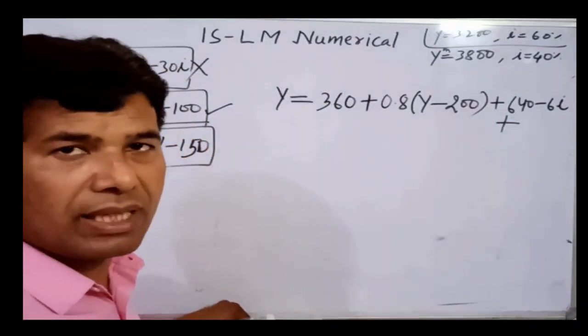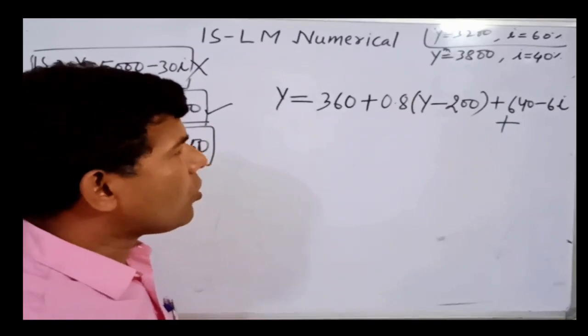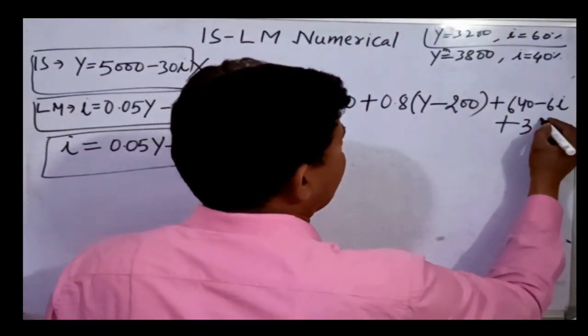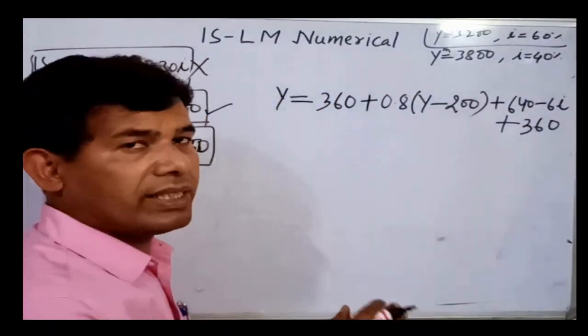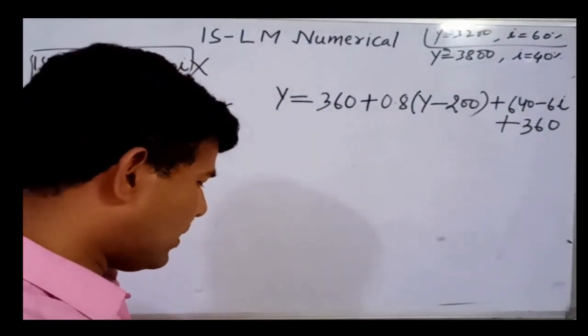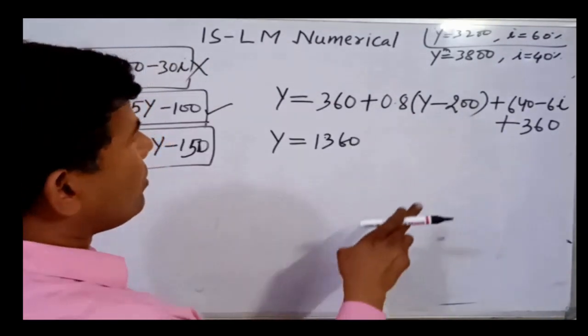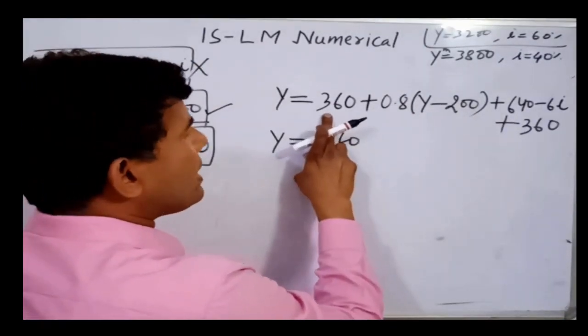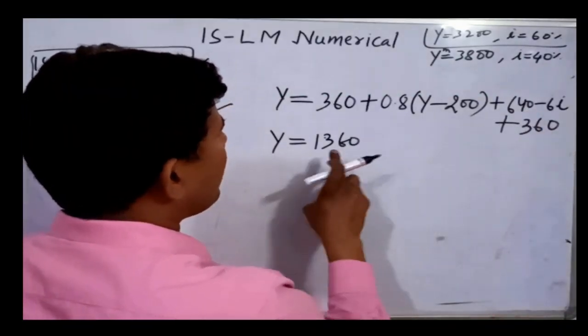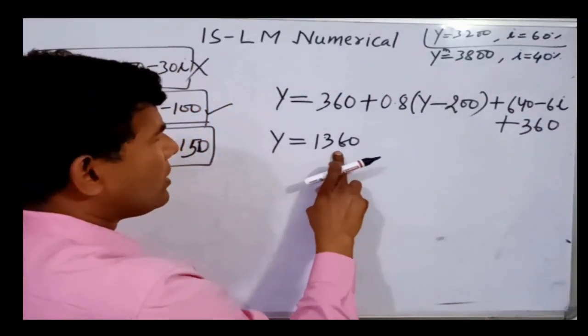The government expenditure. And what is the government expenditure now? 160 plus 200, right? Now what do we get? By adding up 360, 640 and 360, we get 1360.